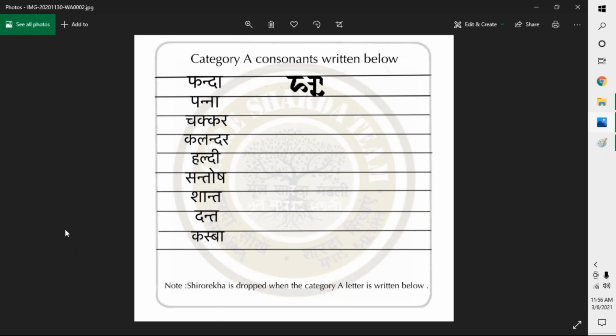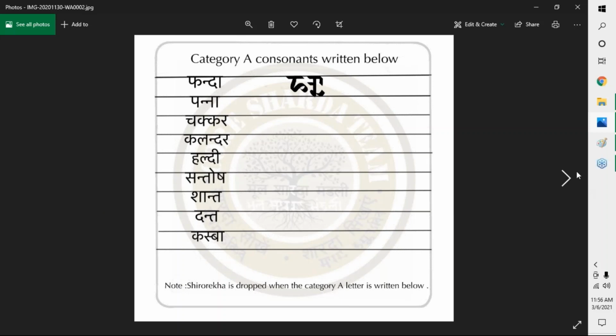Just wanted to also add that you can also go through the sheet of words that was shared last week. You can just go through that practice. You don't need to upload that. If you want, you can upload. Otherwise, you can just practice that sheet at your end itself.